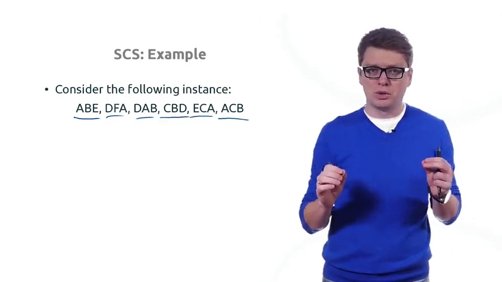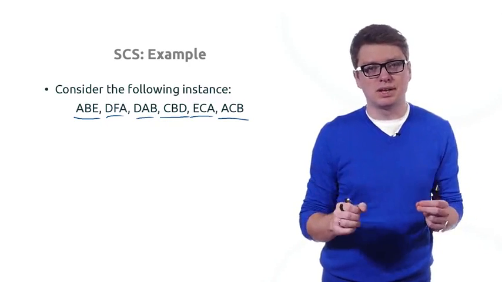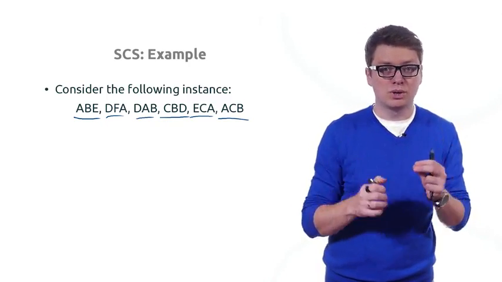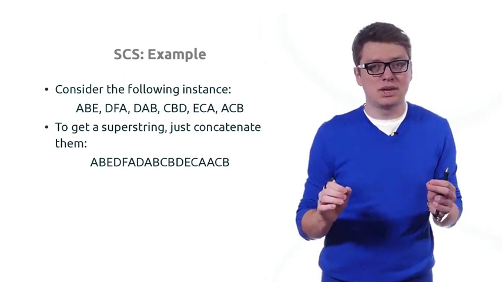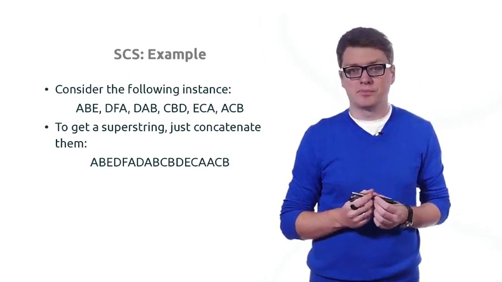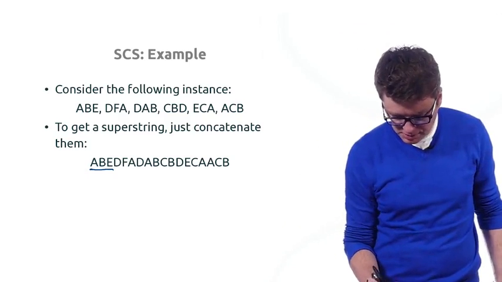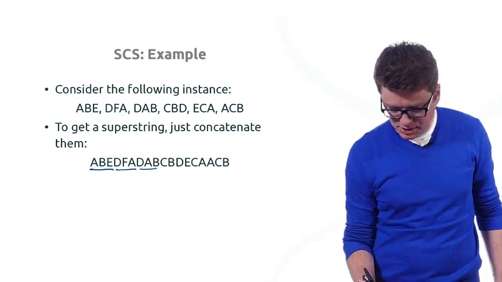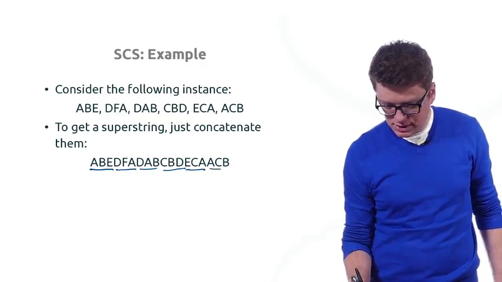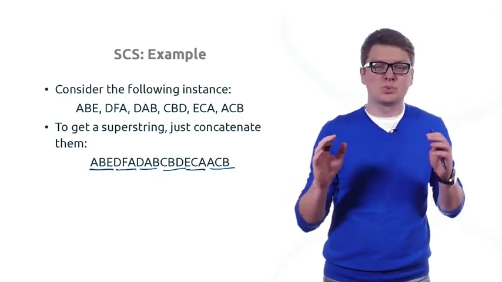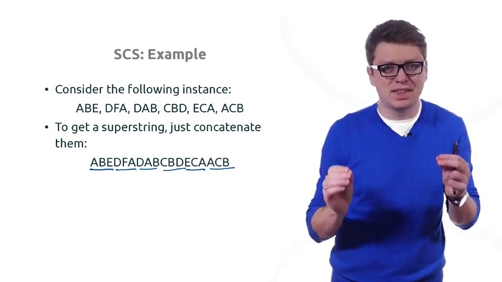First of all, if we are looking for some superstring, not just the shortest one, then it is quite easy to get one. We just concatenate them, right? So this is just ABE, DFA, DAB, CBD, ECA and ACB. In a sense we do not compress anything in this case.